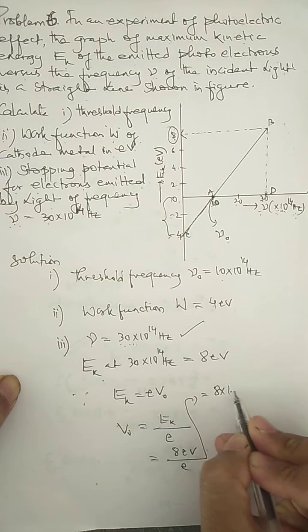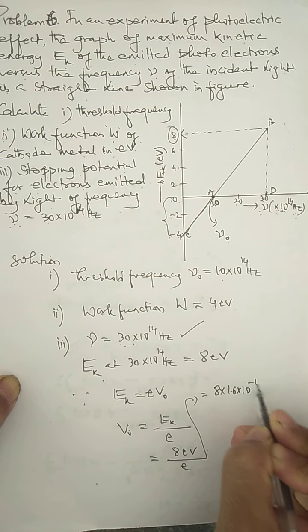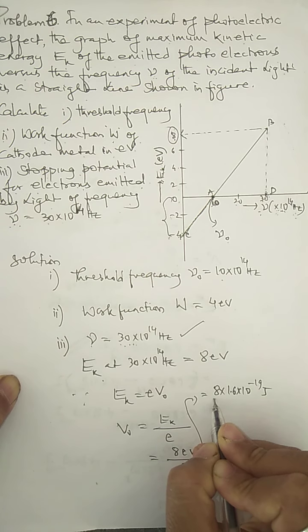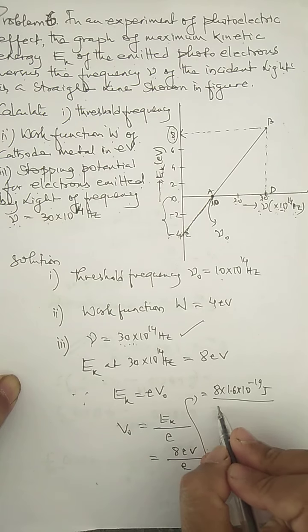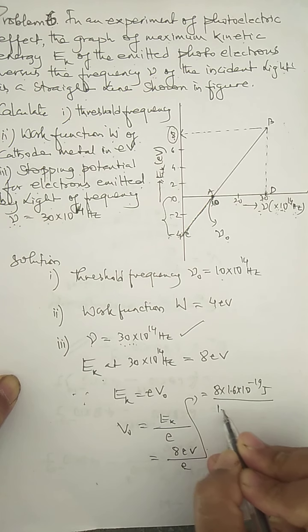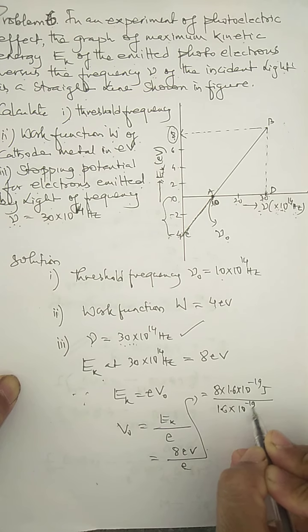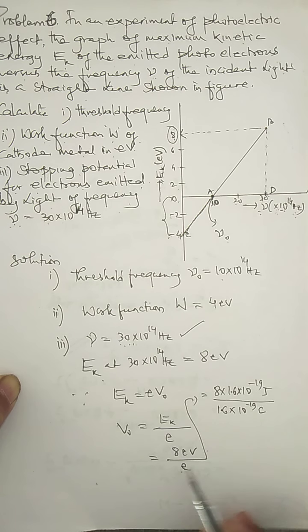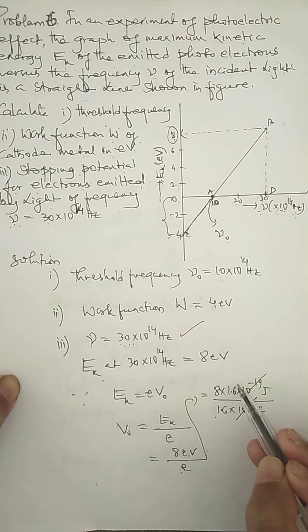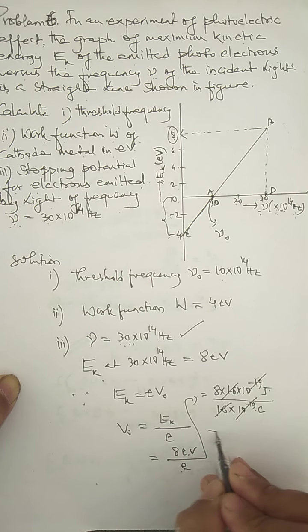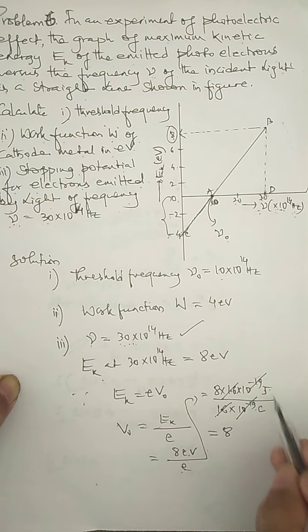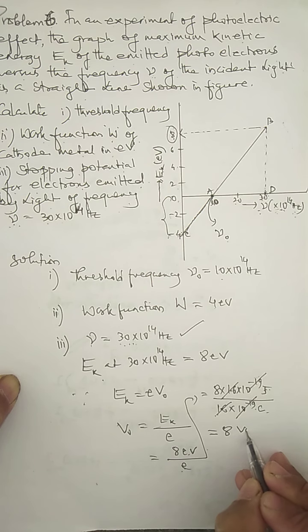So it is multiplied by 1.6 into 10 to the minus 19 joule, by the charge. How much is the charge? Electron charge is 1.6 into 10 to the minus 19 coulomb. So I converted 8 electron volt into joule. So this and this cancel out, 1.6 and 1.6 cancel out. So 8.